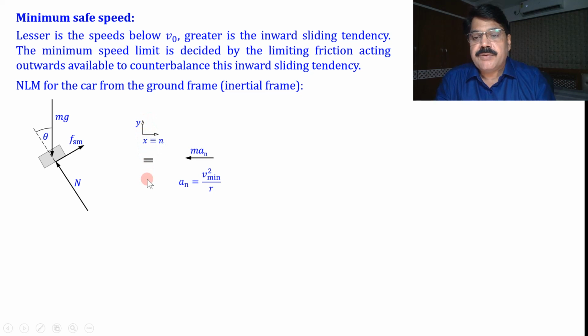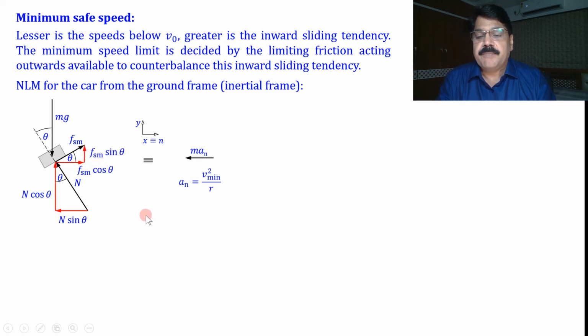While writing the equations, we have to resolve all the vectors which are not along these axes into components. So we have to resolve f_s and N into their components. Let us do it for N first. This angle will be theta, so this component will be N cos theta and this will be N sin theta. Similarly for f_s, this will be f_s cos theta and this will be f_s sin theta.